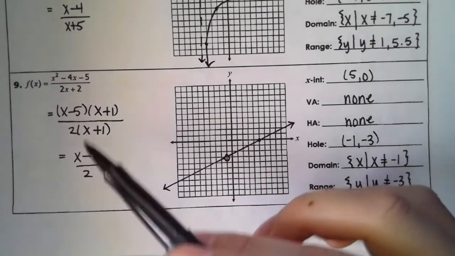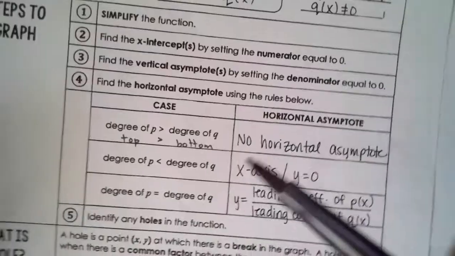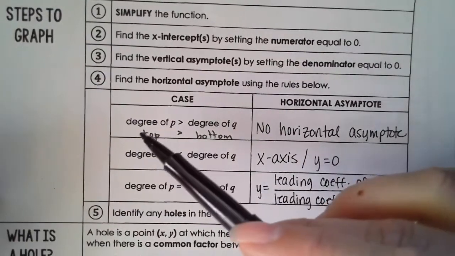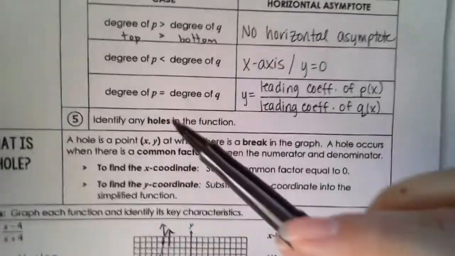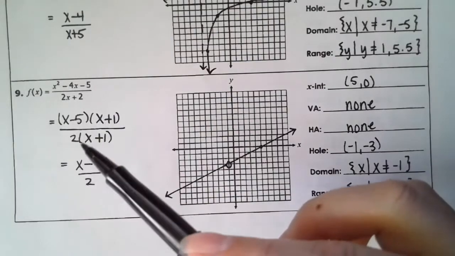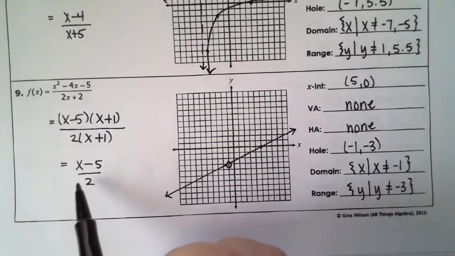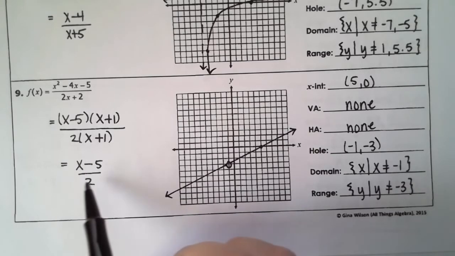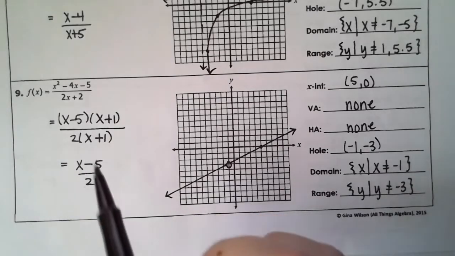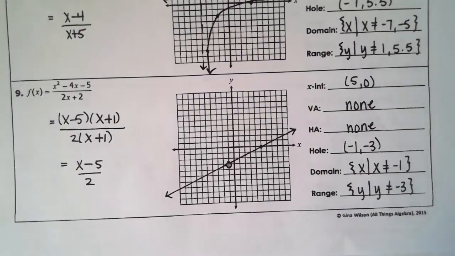I have a non-constant on the top here. Okay, so technically it's going to be case 1, because the degree of the top right here, you know, you have a linear function over just a constant. The degree here would be greater. This one, the degree would be like 0, right? So 1 over 0. So you have the first case, no horizontal asymptote.